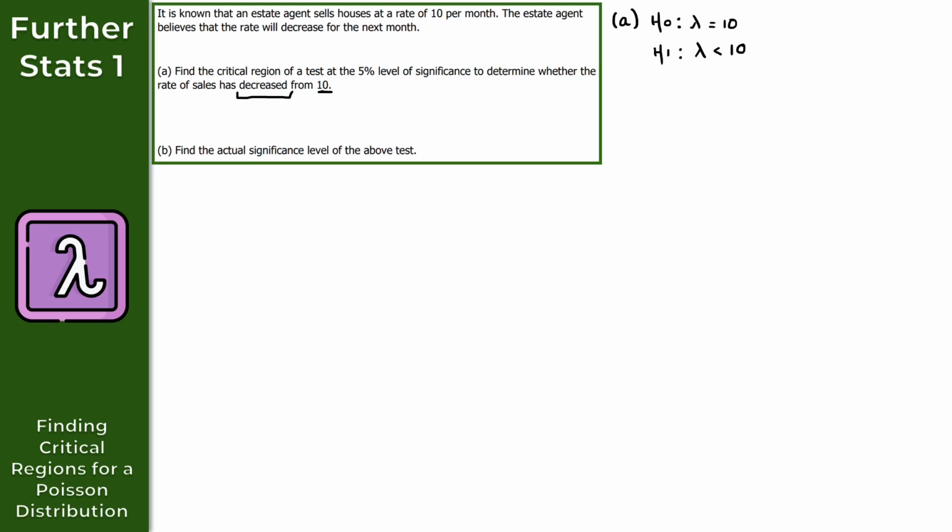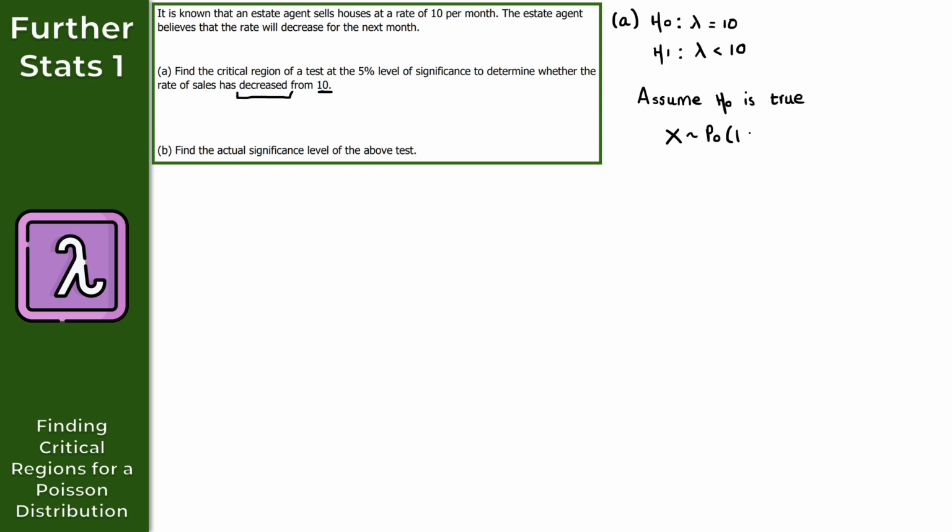Now what I need to do here is assume that H0 is true, because we want to start here with our random variable. So we assume that H0 is true, like so. Then if we have our random variable, let's call this x, it will follow a Poisson distribution with parameter 10, because lambda equals 10.